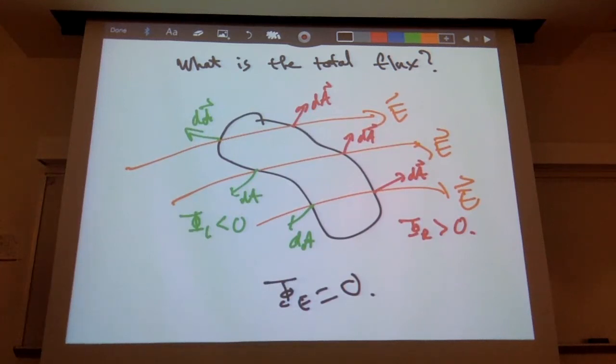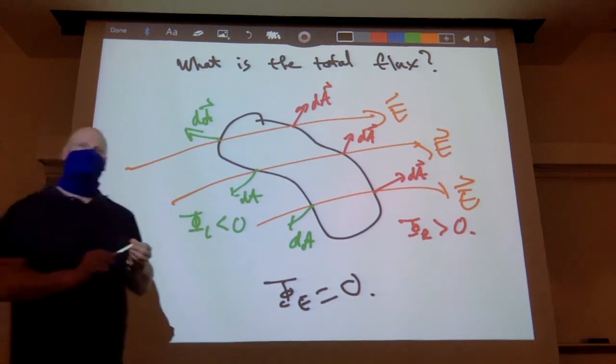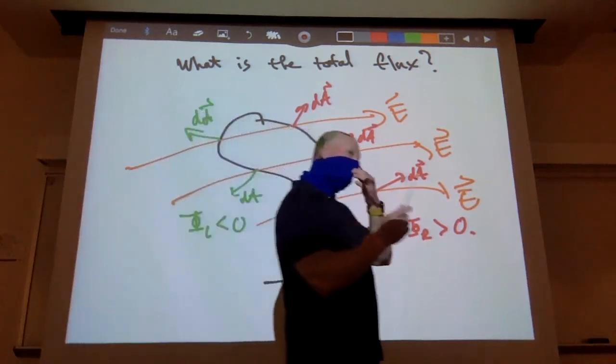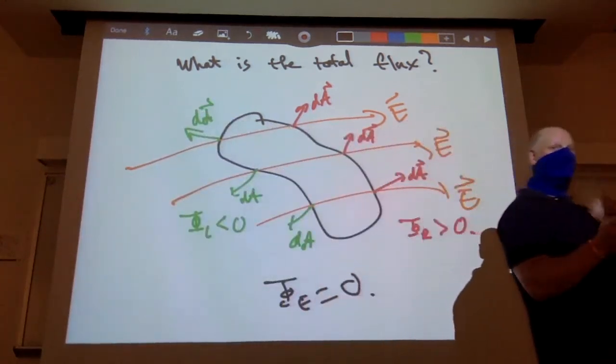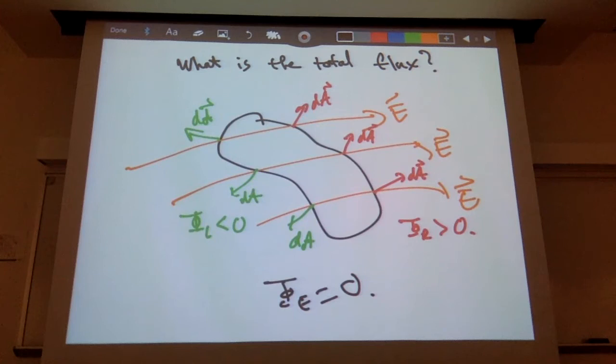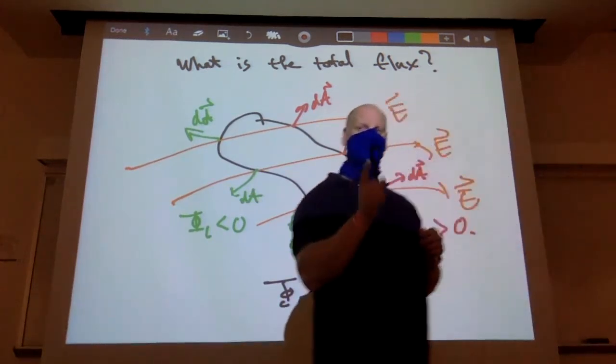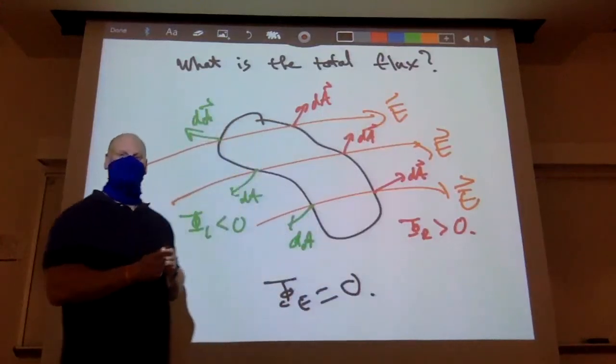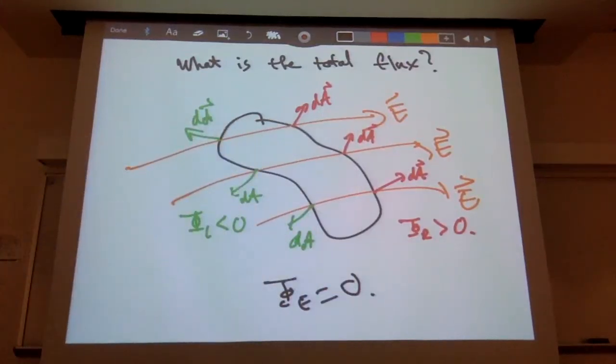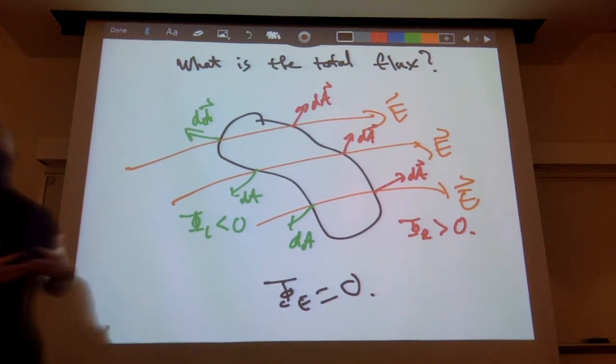Great. Now let me ask you a harder question. How can I get a scenario where I have an unequal number of electric field lines coming in versus going out? Because that's going to be more interesting. Because otherwise, if I have the same number coming in as I have coming out, my flux is always going to be 0, which is telling me nothing.